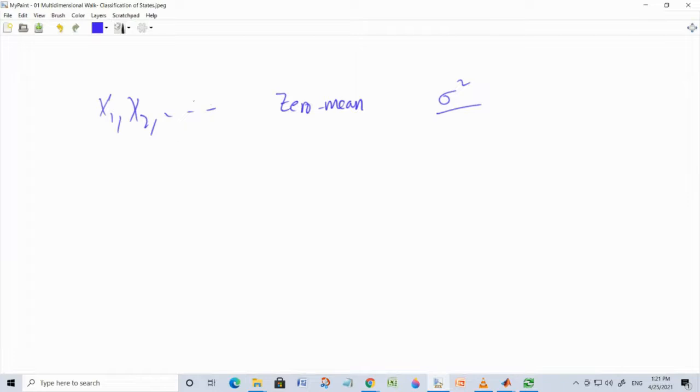The same variance, so IID. We study the convergence of a sum, but this summation is weighted not by the traditional 1 over n, but by 1 over n to the p, or 2p, something like this, if I remember correctly. And the idea is to show convergence.